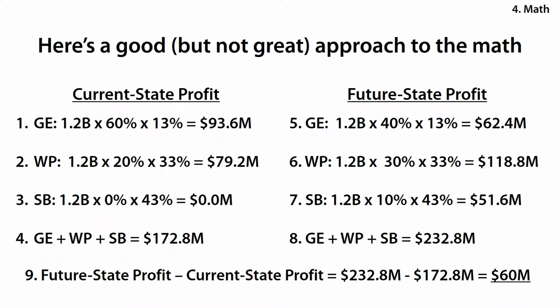So it's 1.2 billion over 30. So that's like 12 over 30, which is like 4 over 10. Let me try that one again. So 1.2 billion times 3 over 10 times 1 over 3 equals 1.2 billion times 3 over 30.